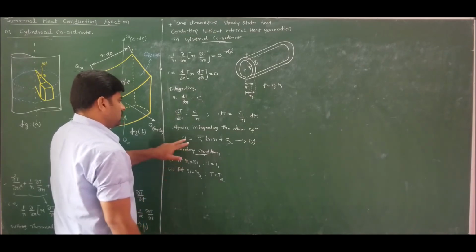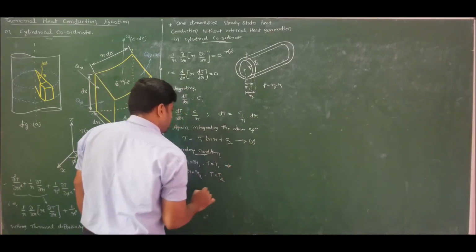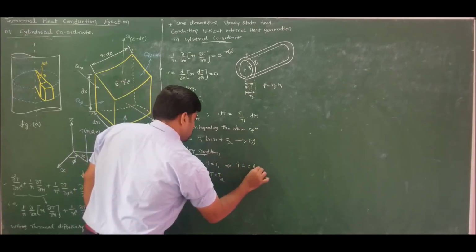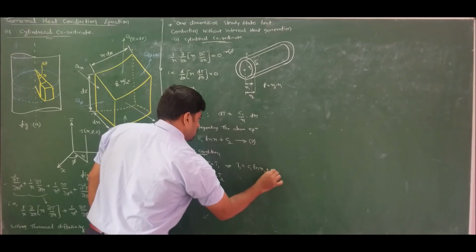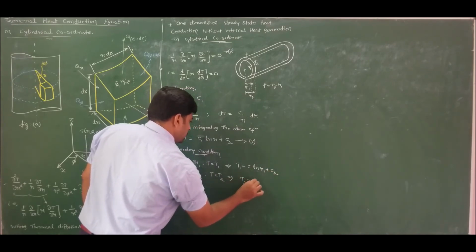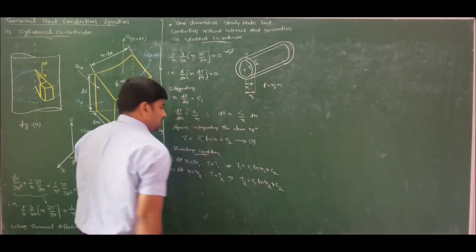So substitute these two in equation 3, which yields T1 is equal to C1 ln R1 plus C2. This will yield T2 is equal to C1 ln R2 plus C2.